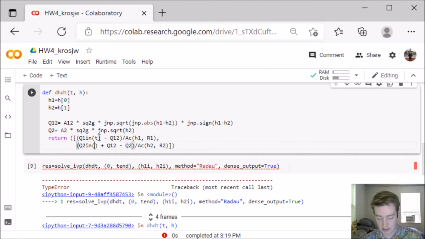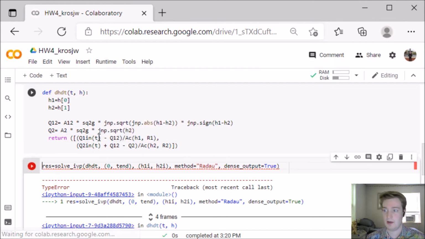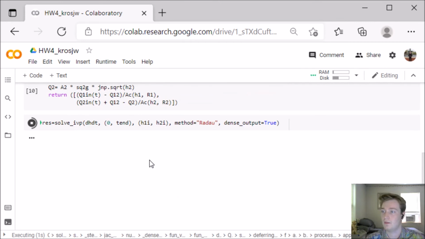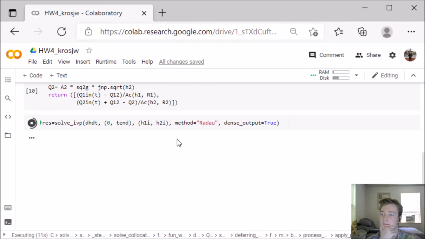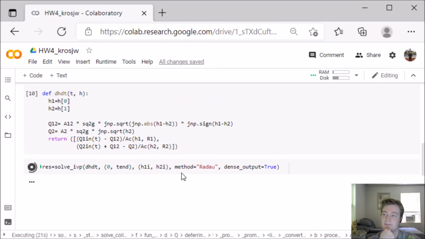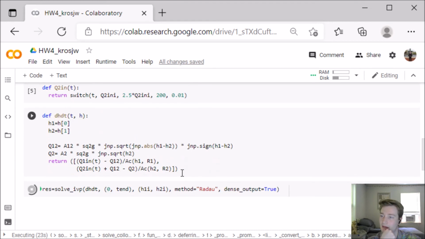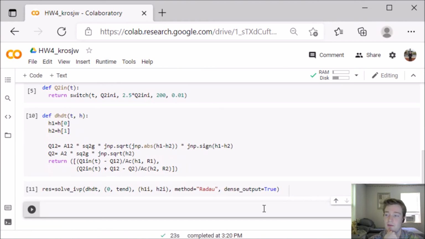So we need to give it the given time. There we go. And that should run now. Let's see. It's running. It's really running. All right, there we go.